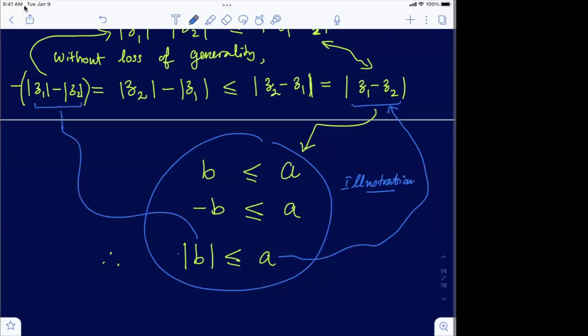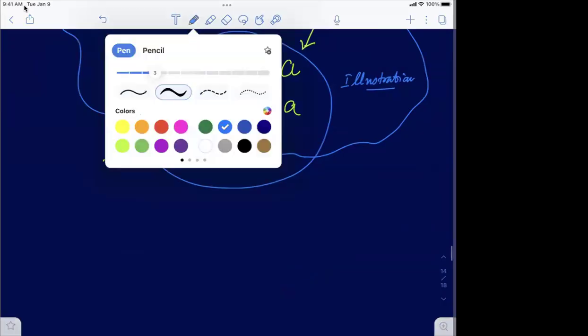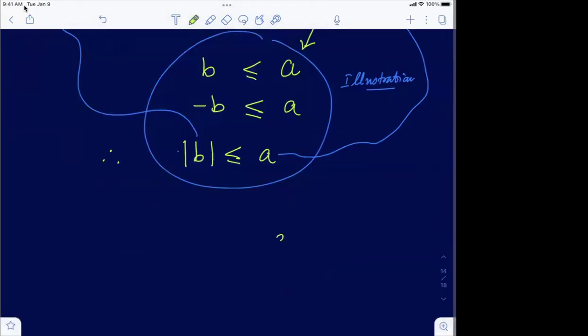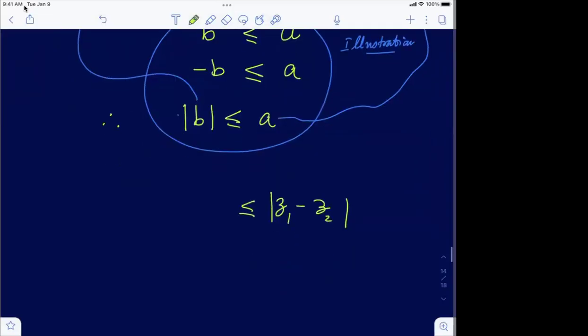So with that, now we conclude Z1 minus Z2. The modulus of Z1 minus Z2 is always greater than or equals the difference between the moduli of these two numbers, and in fact the absolute value of that quantity.